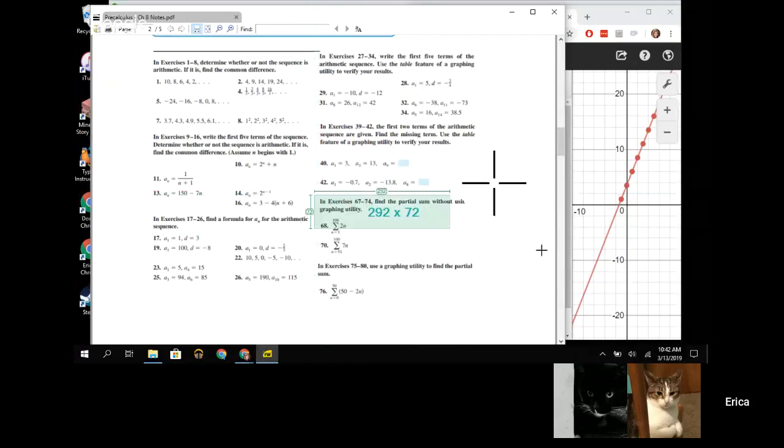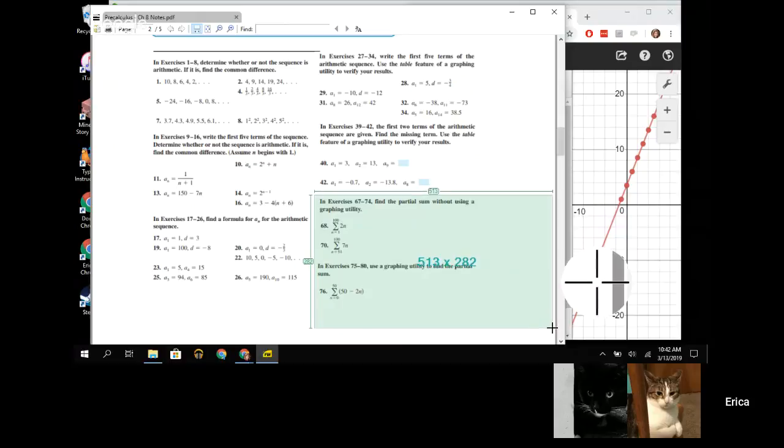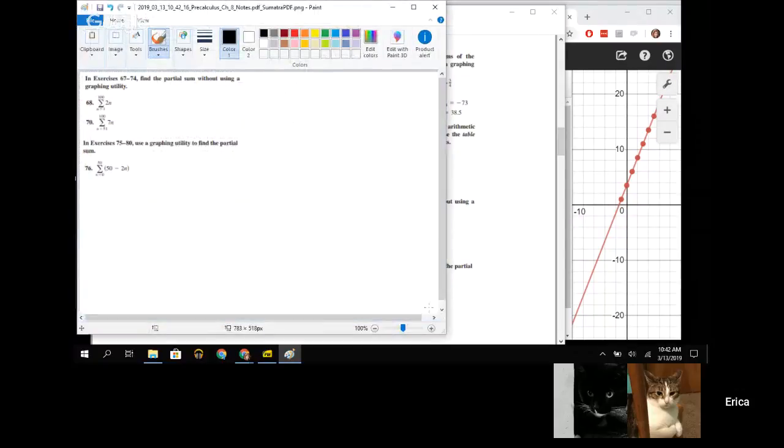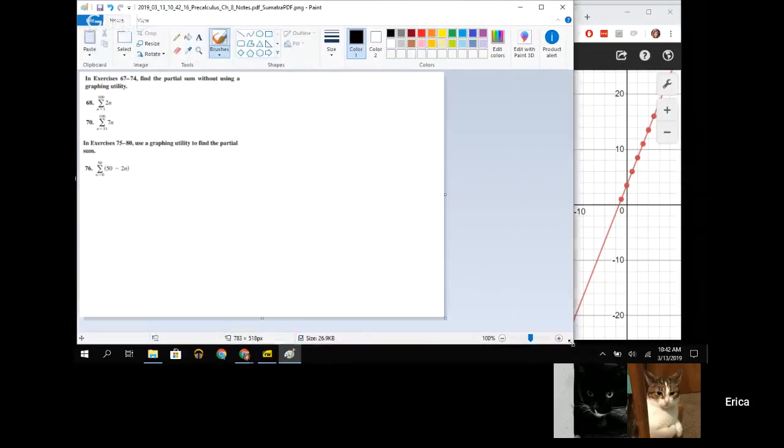So this is not in your notes. I don't have a blue box for this, so I apologize. You have to make your own little blue box for this. So if we got sigma, if you want to find the sum, so if you have 2n, that is 2 times n, an arithmetic sequence, or 7 times n is an arithmetic sequence.